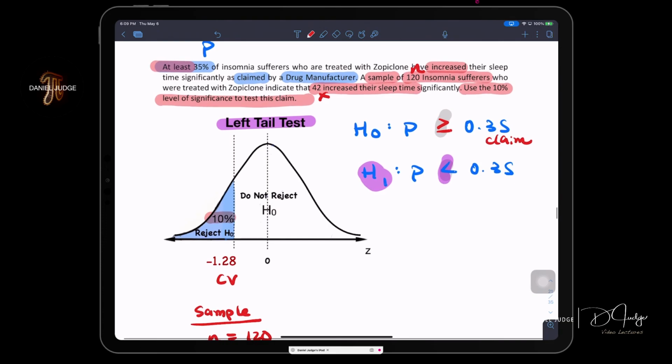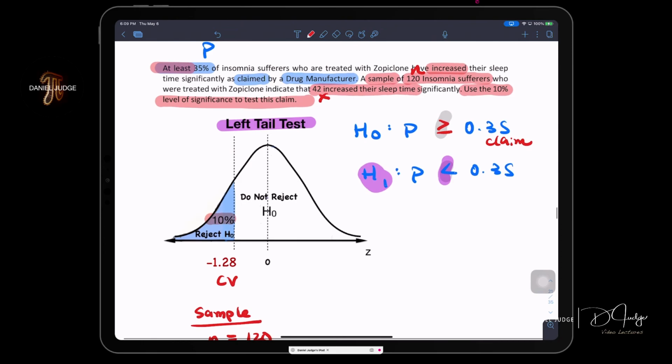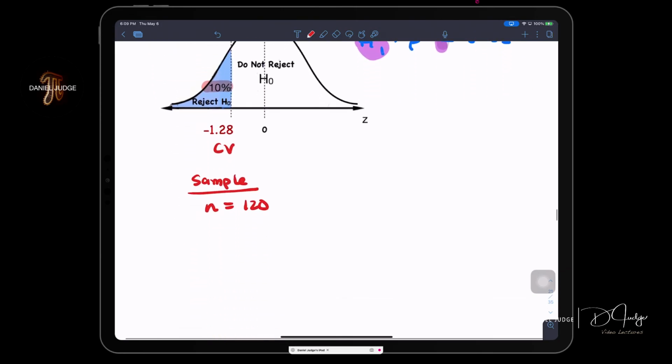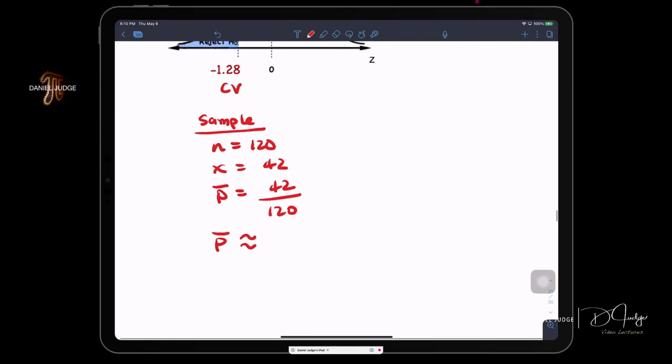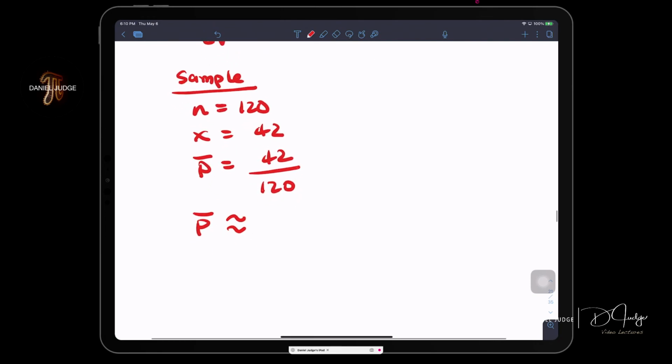Let's go back here. N is 120. X is 42. 120 sample size, 42 successes, they increased their sleep time. So the sample proportion will be 42 out of 120.